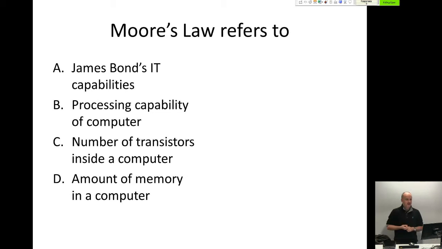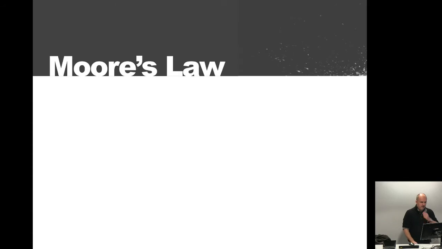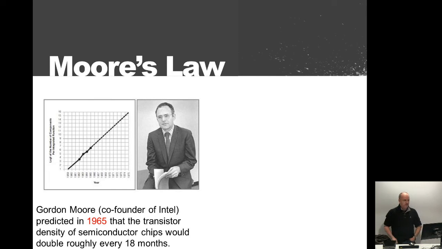But the actual Moore's law is about the number of transistors. The actual prediction by Gordon Moore, who co-founded Intel, was in '65, and he said that the number of transistors in a chip would double every 18 months. That's a prediction he made in 1965.